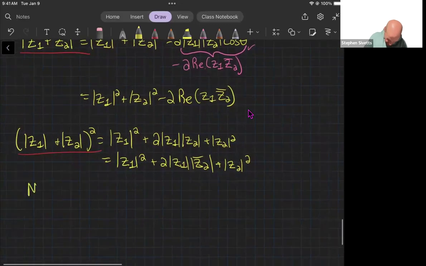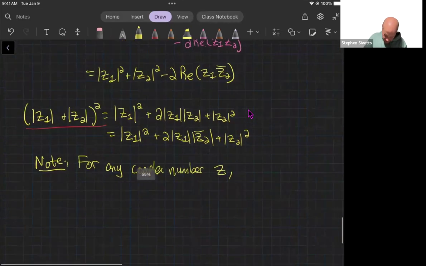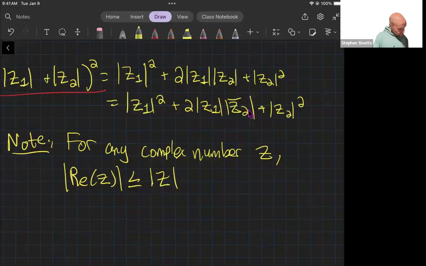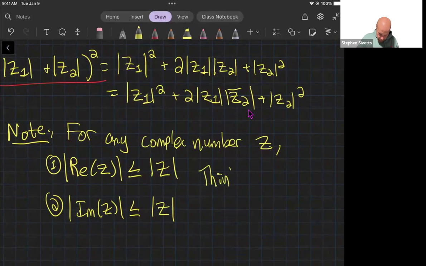Note that for any complex number Z, and I want you to think about this on your own, the length of the real part of Z is less than or equal to the length of Z, and the length of the imaginary component of Z is less than or equal to the length of Z. And this is in your textbook too.